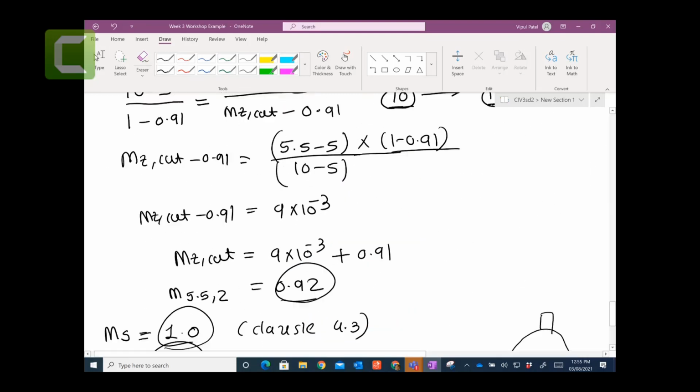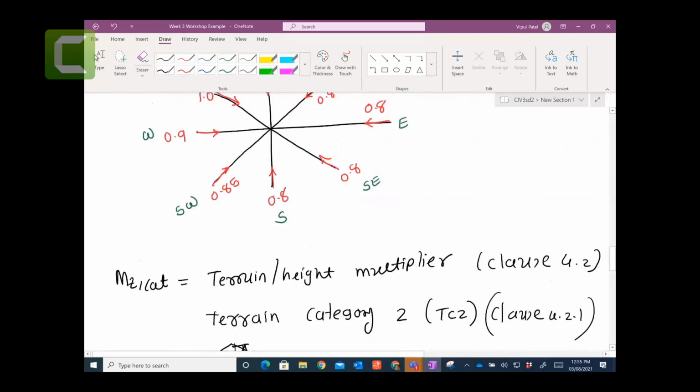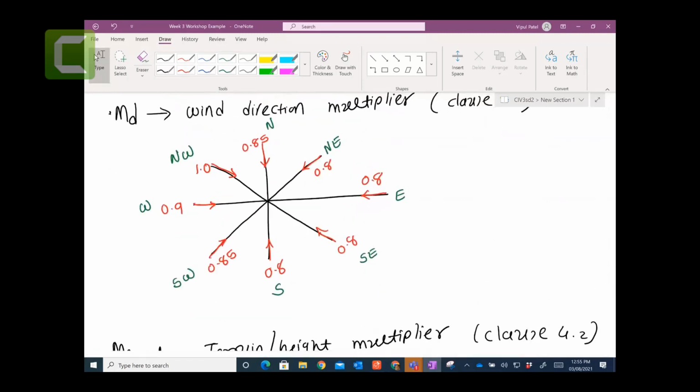You can see the Md values here, 0.85, 0.8. Now I need to multiply, because we have V site beta equal to 41.4 Md. So we need to substitute Md equal to 0.85 to get the site wind speed from the north, right? Because we multiply by 0.85, you get north.